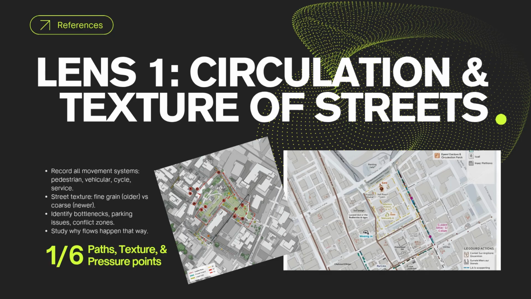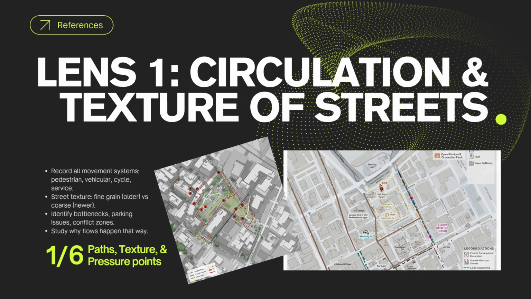Textures tell you hierarchy. Fine-grained patterns usually indicate older, human-scaled fabric. Wide and linear streets are modern and vehicular. From this, you'll infer accessibility, permeability, and comfort, words that define the life of any city.